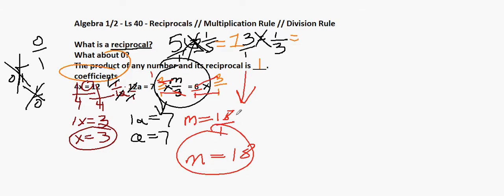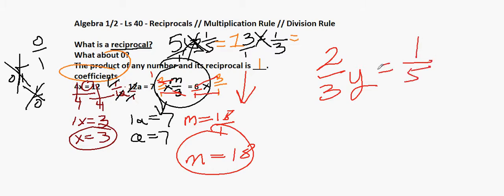Okay, we're solving with algebra, and since this is so important, we see it so often in our book now, let's do one last one. What if I had 2/3 of a y, and that comes out to 1/5? What is y worth? So we're trying to get y by itself. How can I get this y by itself and lose its 2/3? So it's just y equals. What do you think? I could try to divide, but I wouldn't recommend that. Instead, let's multiply by the reciprocal.